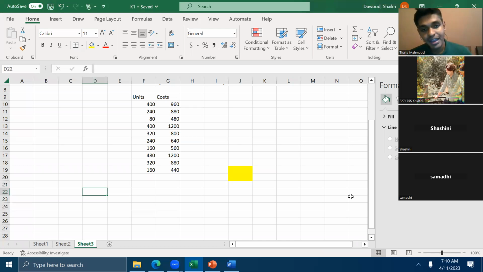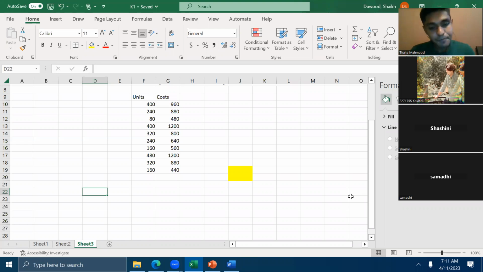We have to determine the period in which there was the highest activity level. In which year or month did we observe the highest activity level, in which month did we produce the most? And you note down the activity level and the cost at that activity level.